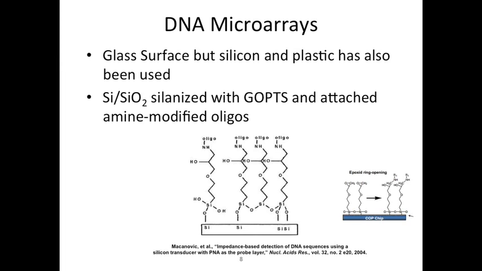Question for you. Oligo is just another name for a single strand DNA, and it is 20 bases long. Then how many different combinations? To the power 20? Okay.